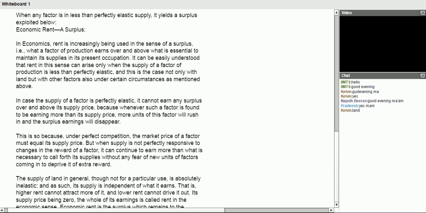Alright, is it clear? The concept of rent is clear? Kelvin, Pradesh, Marwan, Nazad, is that clear? Only one response.